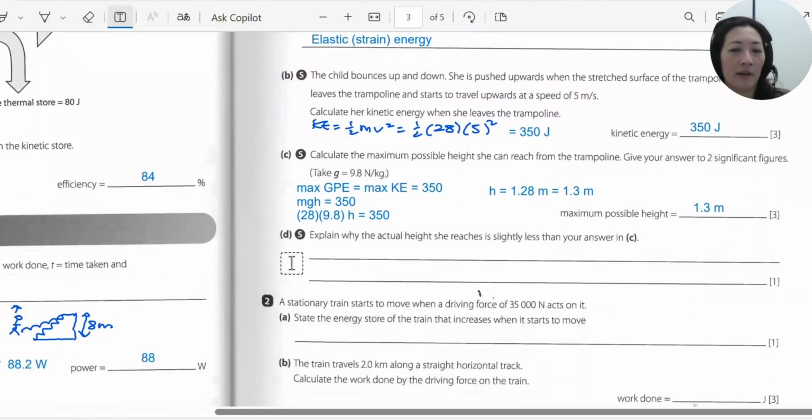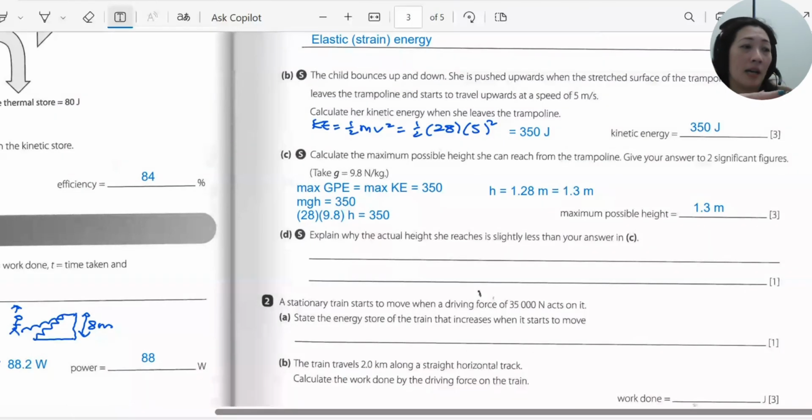Okay, now D, explain why the actual height she reaches is slightly less than your answer in C. In an ideal world, there will be no energy loss, so all the kinetic energy she has is converted completely into gravitational potential energy. But the reality is that some energy will be lost to the surroundings because there's air resistance.